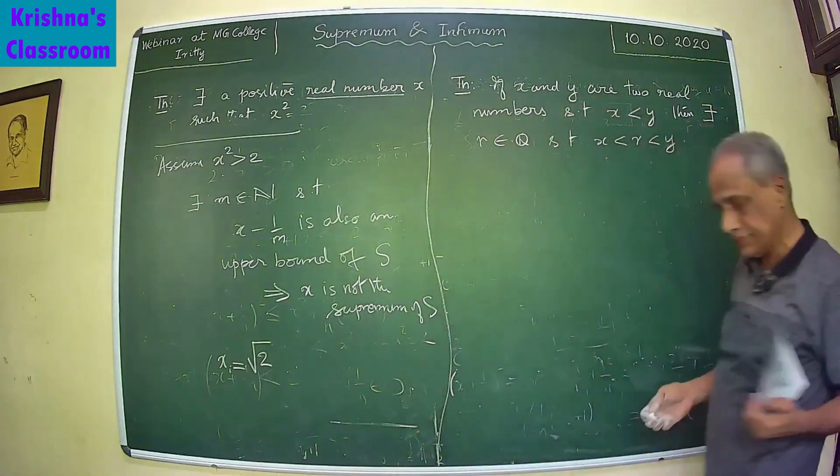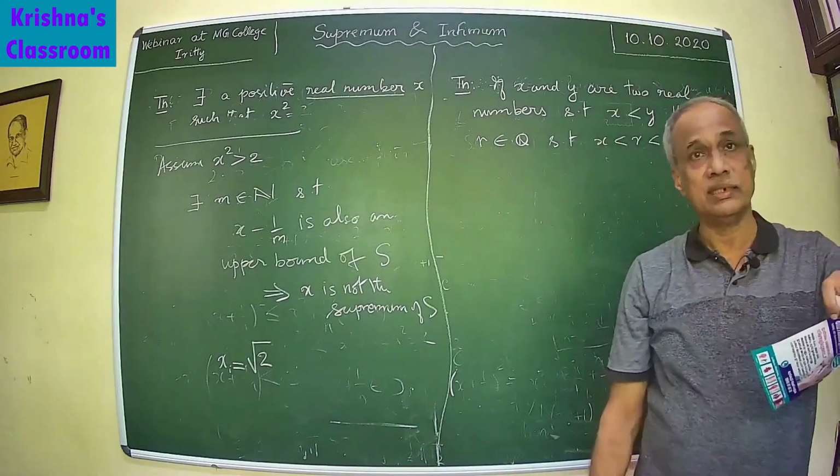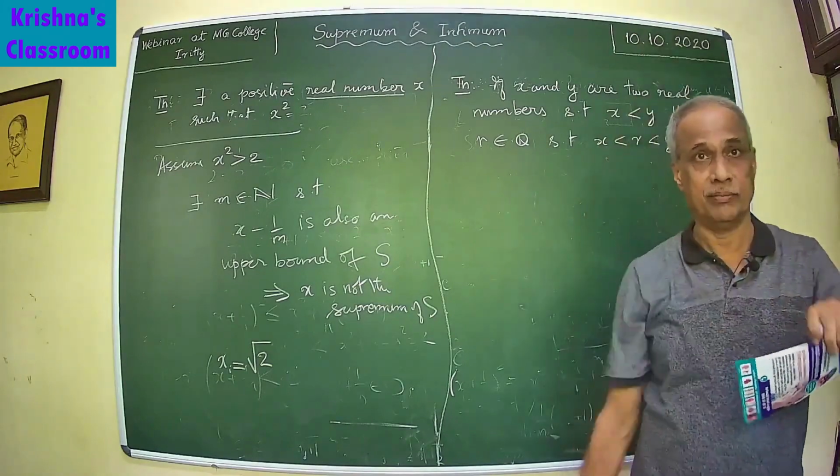What does this say? It says that if you take any two real numbers, in between you can squeeze in, or you can find, a rational number.